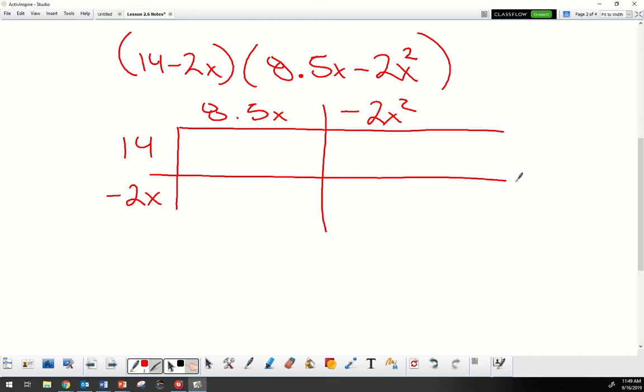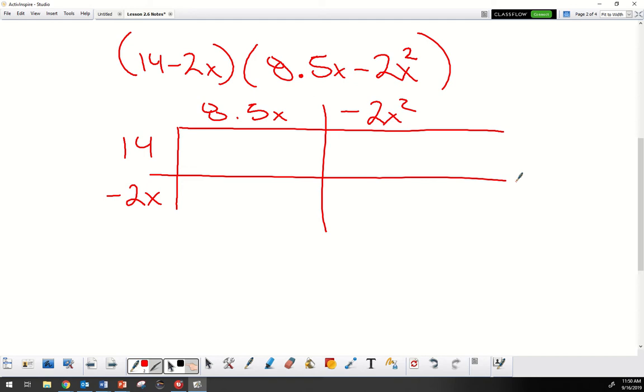This is just a different way of doing it. Instead of doing all your lines and your arrows and stuff, this is another way. A lot of people still aren't getting it, so let's try it a different way.